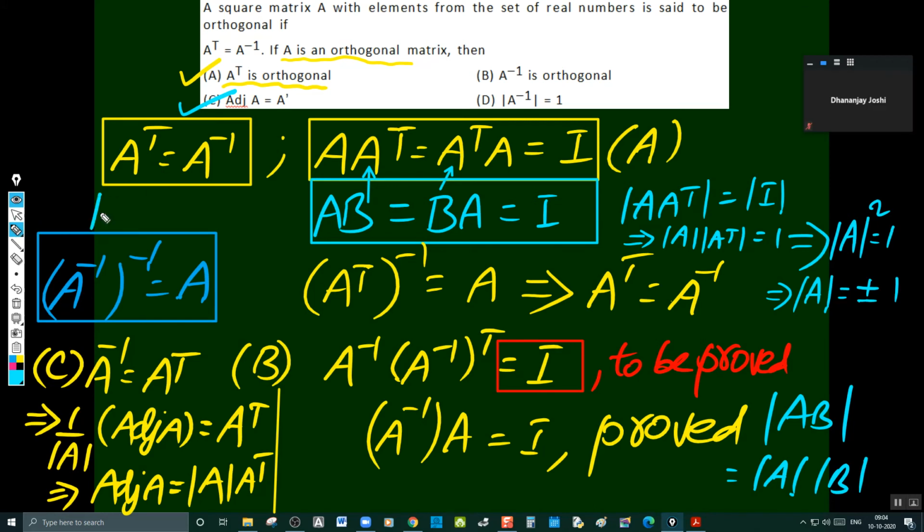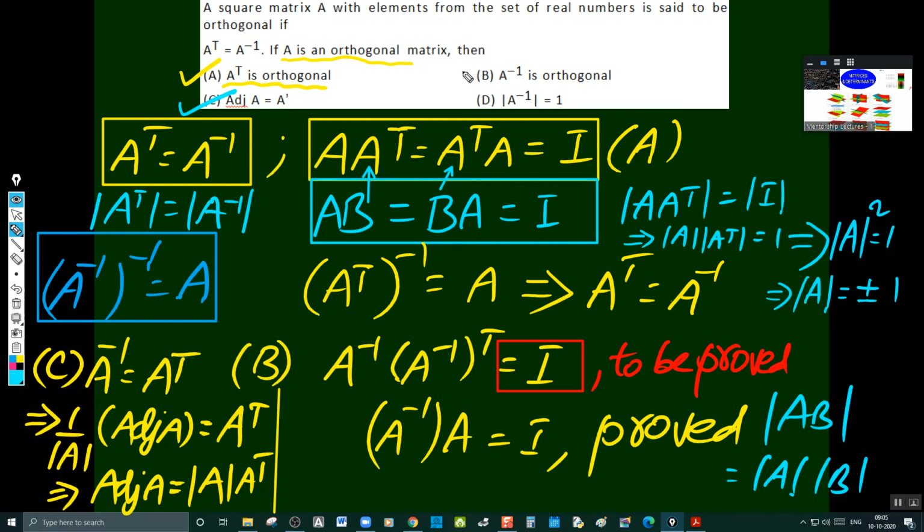Det of A transpose is equal to det of A inverse. Det of A transpose is nothing but det A only. So det of A inverse is equal to det A. But what is det A? 1. So det of A inverse is also 1.